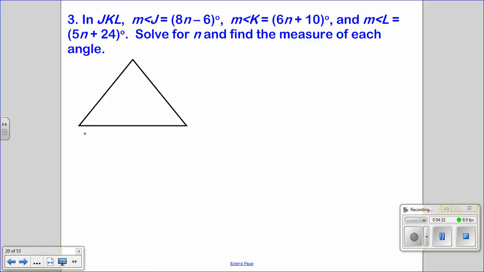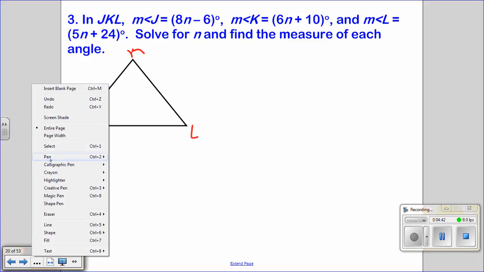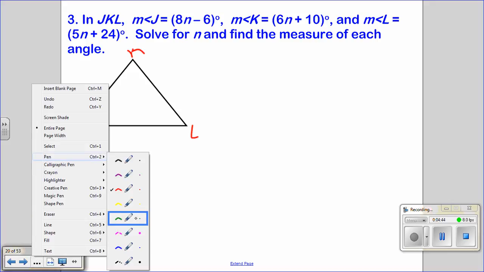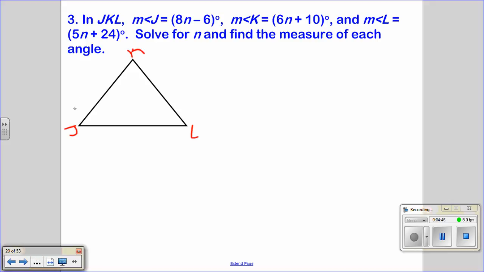So let's label the vertices. And then I'm going to put the measurements inside my triangle where they belong. J is 8n minus 6. K is 6n plus 10.